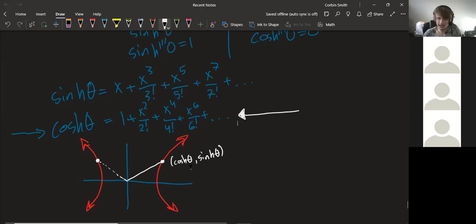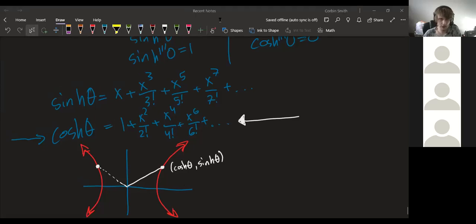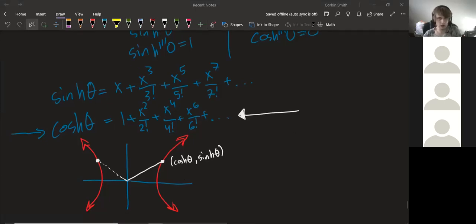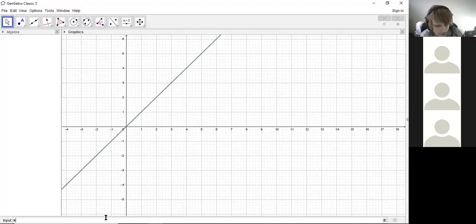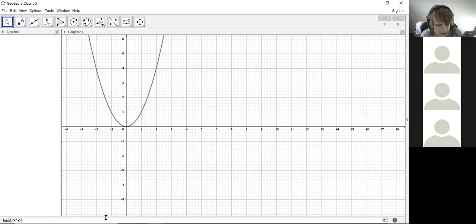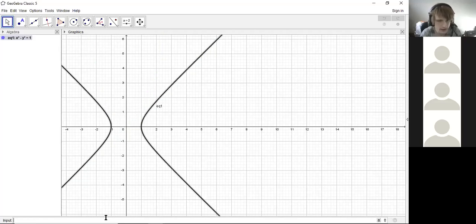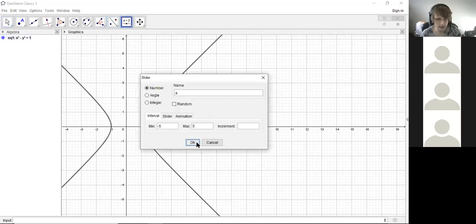So if we look at, let's pull up GeoGebra, cosh theta, sinh theta, it actually only hits one part of the hyperbola. So here, let me share new screen. x squared minus y squared is equal to 1. And then let's get a slider a.